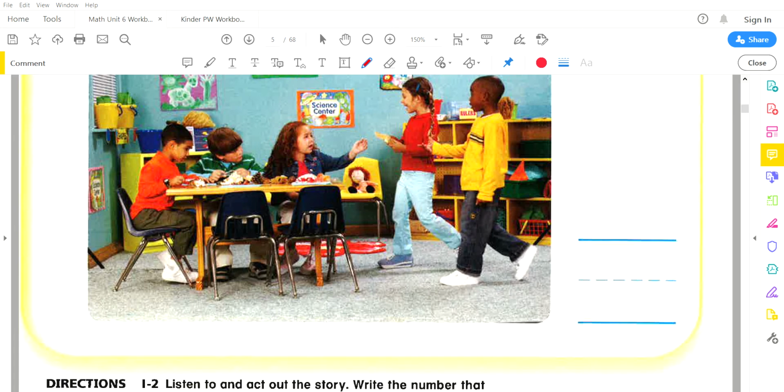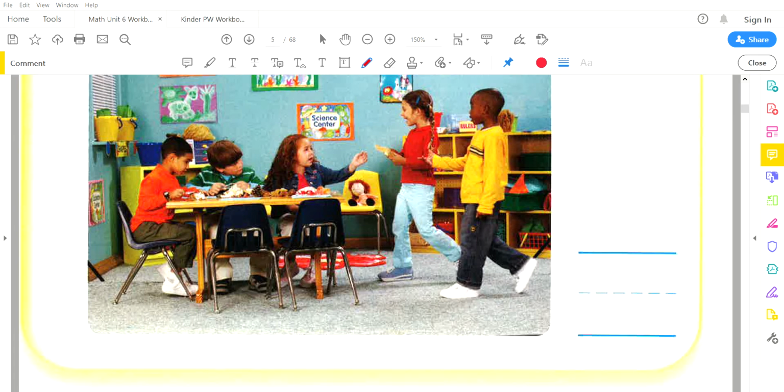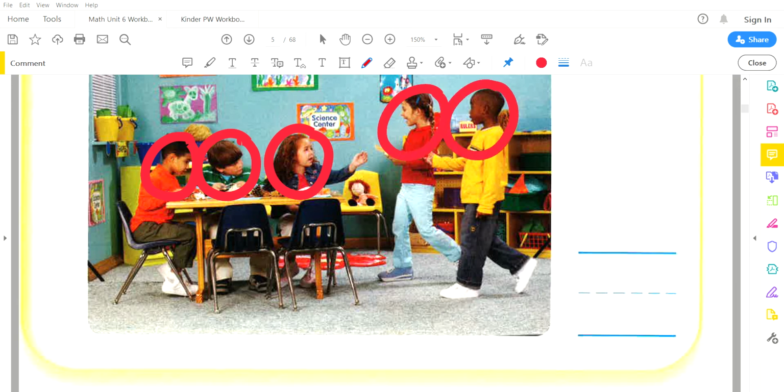On number 2, we see some students that are playing in their classroom. There are 3 students at the science station. 2 students would like to join them. How many students are there in all? We can find that out by counting to see how many total students there are in all that would like to be at the Science Center and who are already at the Science Center.